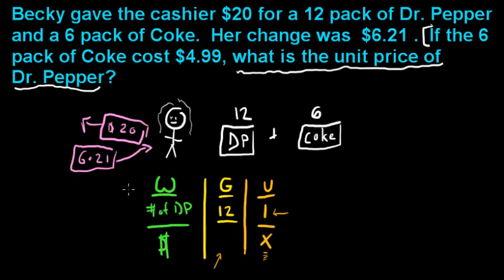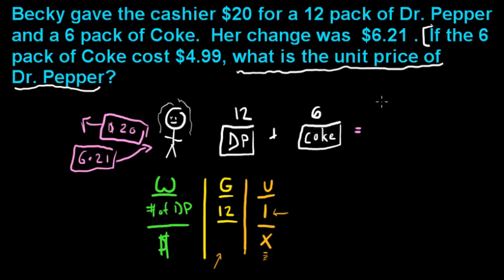So what we need to figure out is, if she spends $20 and gets back $6.21, then the difference between these two is how much everything costs, a 12-pack of Dr. Pepper and the 6-pack of Coke. So what we can do, come over here and we can say, okay, this equals the 6-pack of Coke and the 12-pack of Dr.